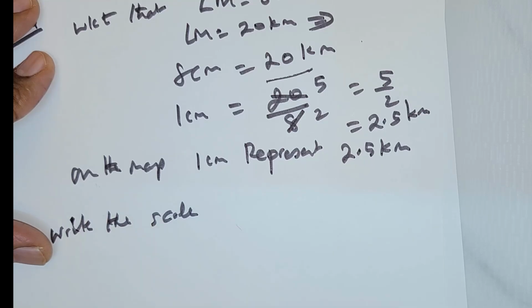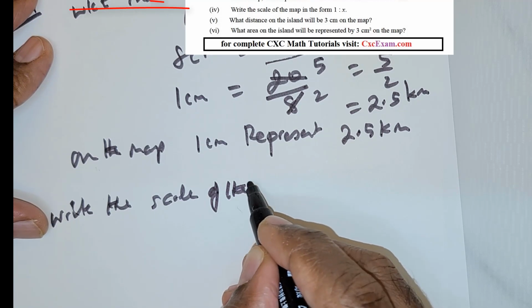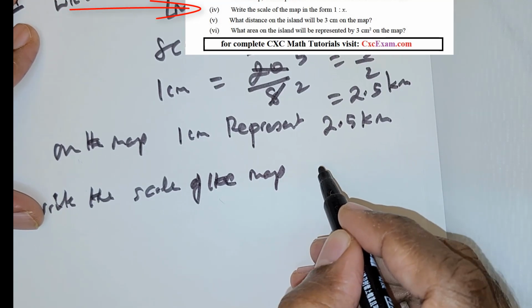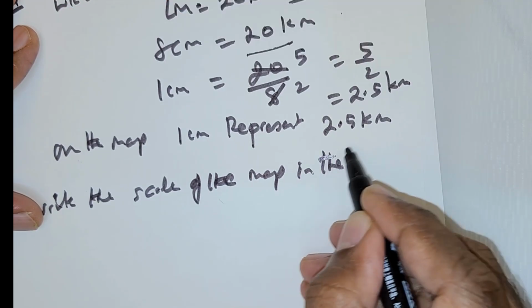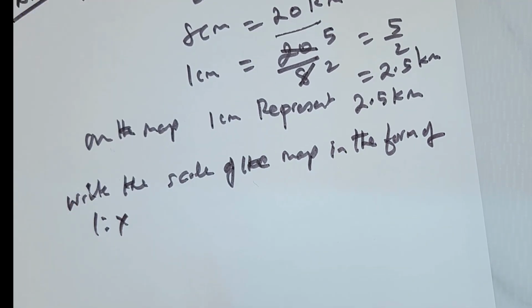So that's also a very important technical terminology that you will have to know. So write the scale of the map in the form of 1:x. So we need to do that.